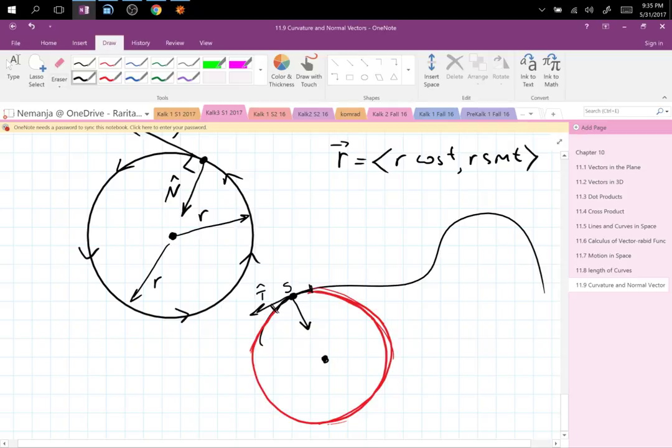So the normal vector is actually the derivative of curvature. We can understand the normal vector by, again, parametrization. This is the arc length.